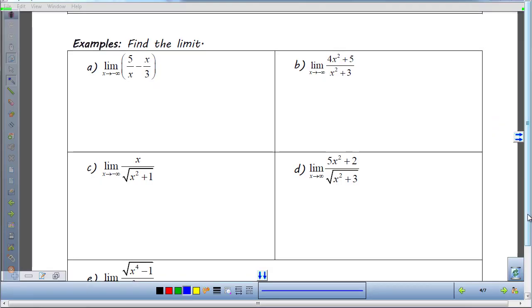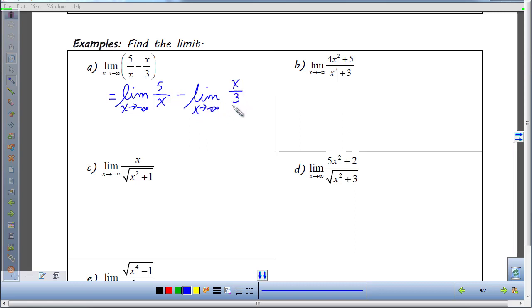All right, we're interested in the limit as x approaches negative infinity of 5 over x minus x over 3. Okay, so if we go back and review some of our limit properties, we know that we can actually distribute a limit over a sum or difference. Okay, so that means we've got the limit as x approaches negative infinity of 5 over x minus the limit as x approaches negative infinity of x over 3.